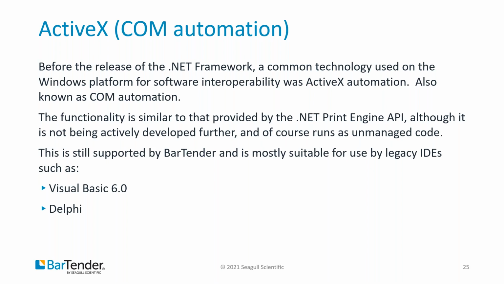It's also known as COM automation, as it says there. The functionality of this API is very similar to what you see in the .NET Print Engine API. And therefore, again, it's well suited for running on a workstation type implementation.